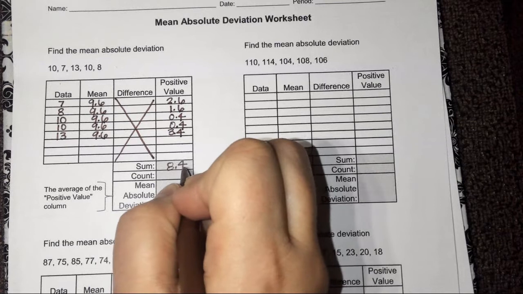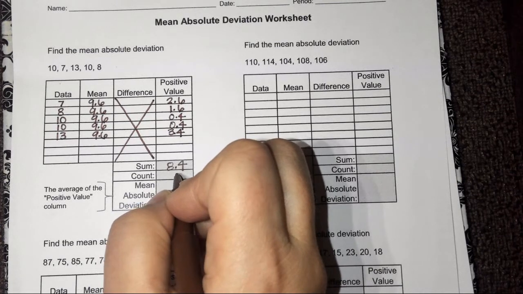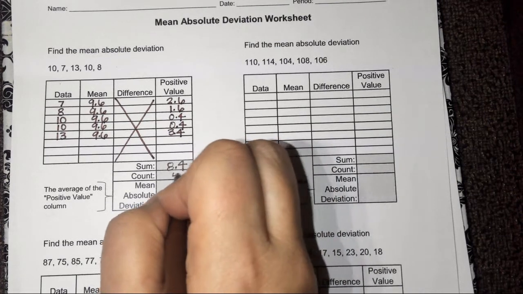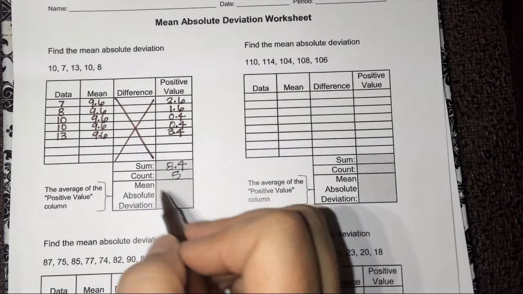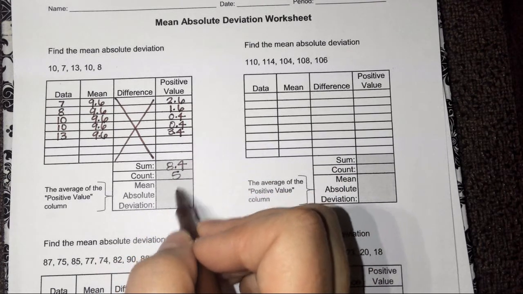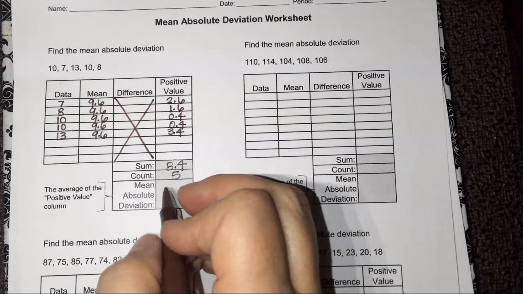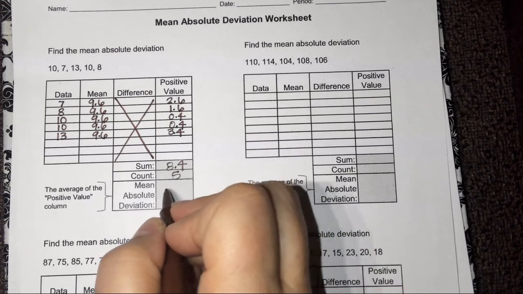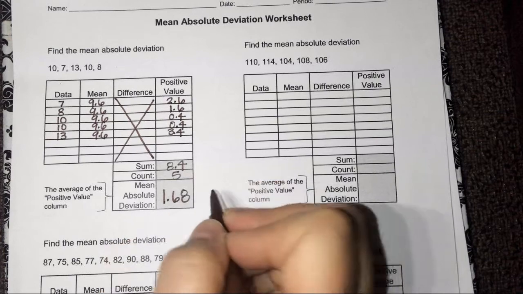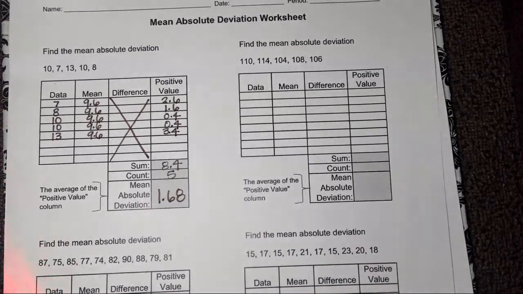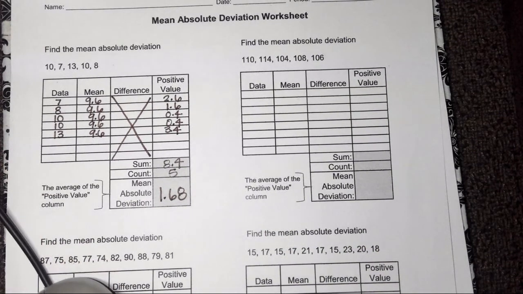Okay? Now, how many numbers do I have? 5. Now, to find the mean absolute deviation, 8.4 divided by 5 would give you what? 1.68. Thank you very much. And that is mean absolute deviation.